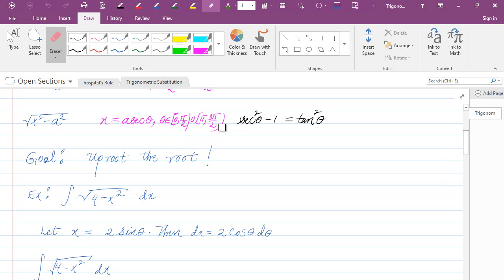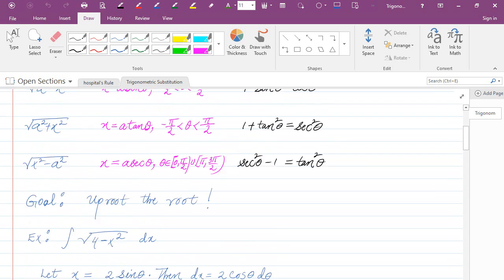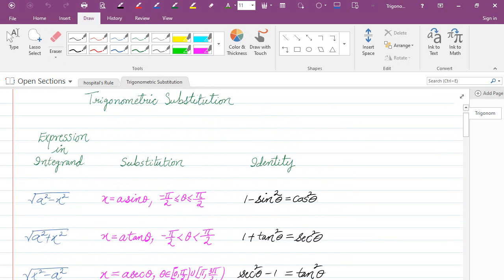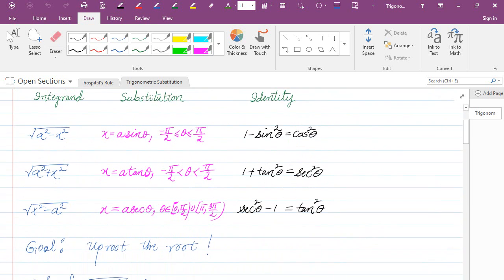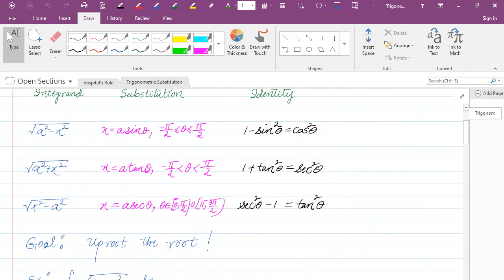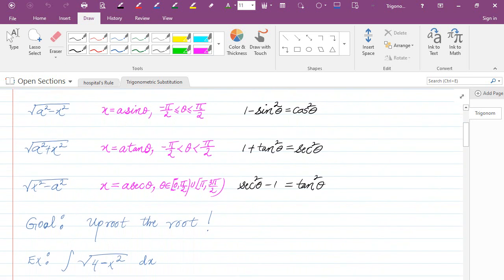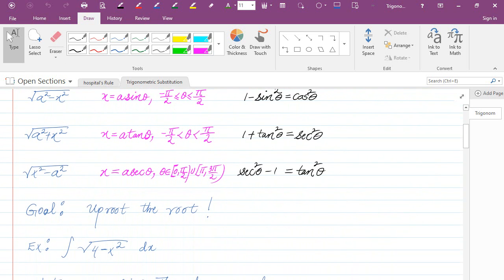And recall that this is the domain that we picked for secant to define its inverse function. The identity that we're going to use here is secant squared of theta minus 1 is tangent squared of theta. Again, the goal is that by making one of these substitutions, we will uproot the root.